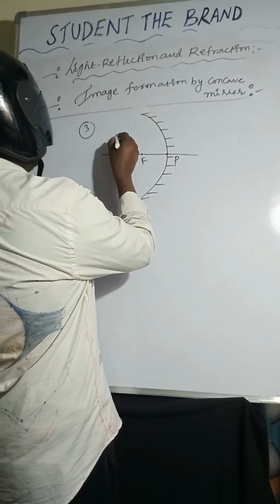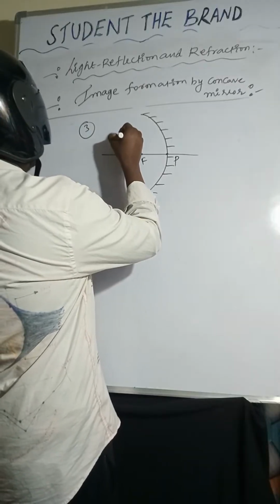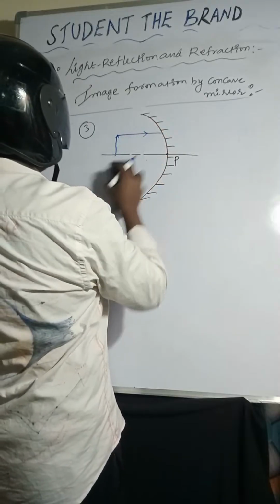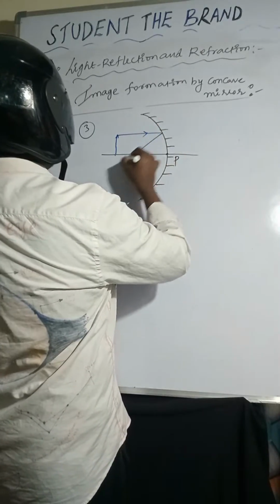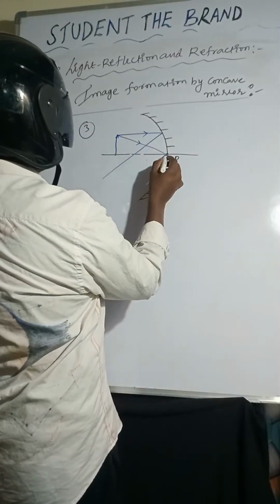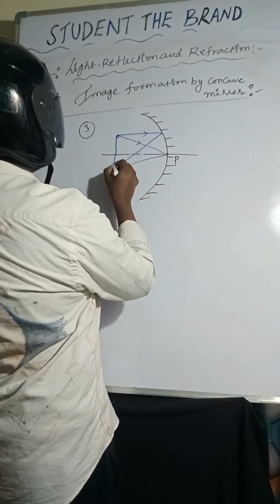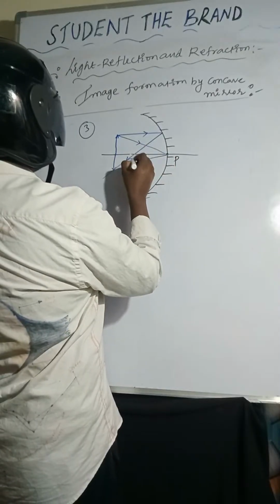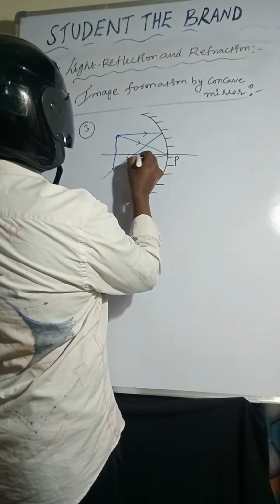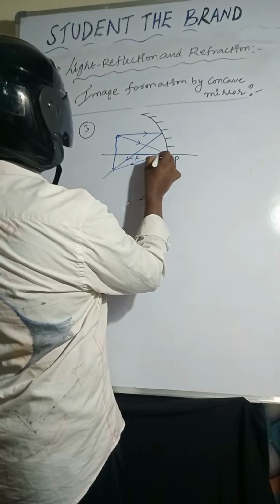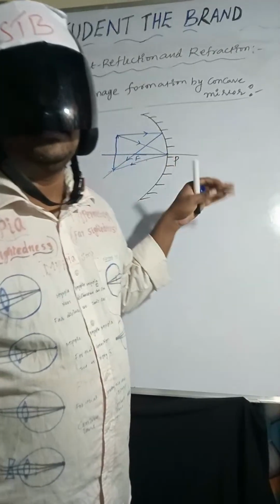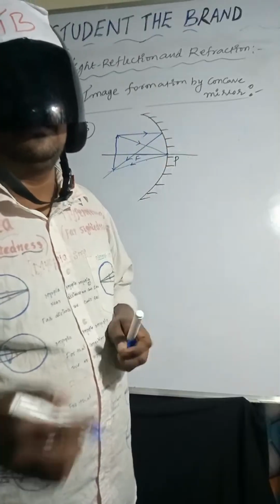So I am placing the object here, taking one light ray and another light ray. Now you can see object is placed at C, image also will form at C itself.